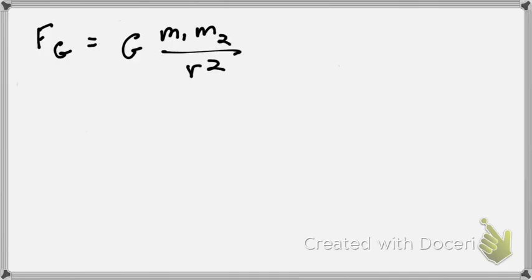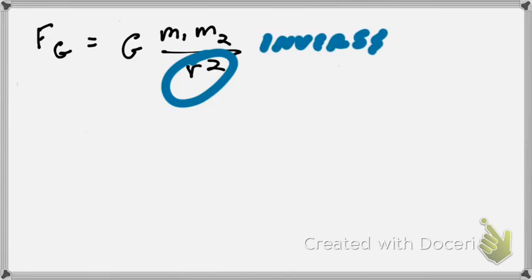Let's look at the gravitational force, okay? So for the gravitational force, we have the gravitational constant, and then we have mass 1, mass 2, and the radius, right? So in this example, let's see what is going to happen if everything is held constant except for the radius. Once again, this is what? An inverse relationship, right? Inverse. All right. So let's just say this time we multiplied by 2, okay?